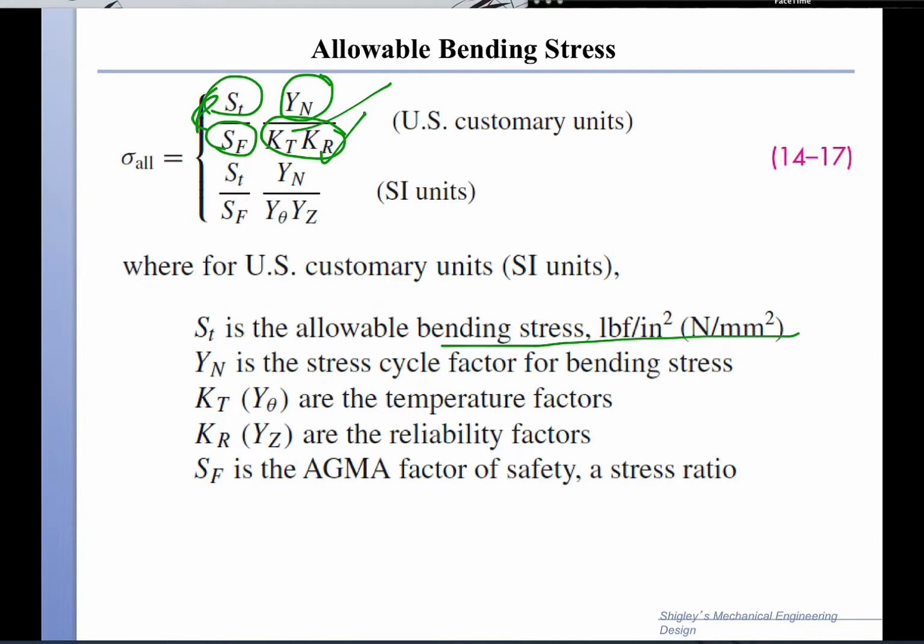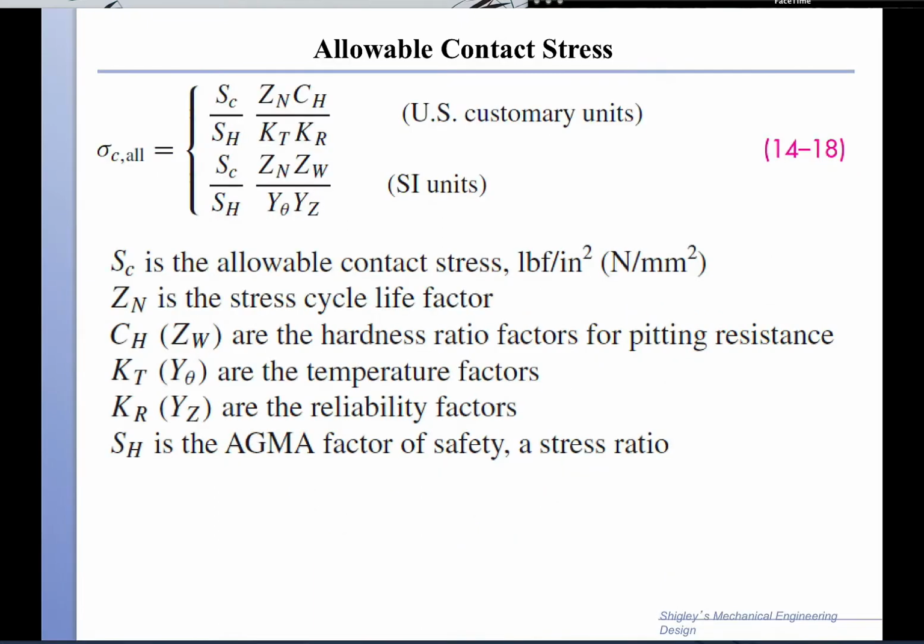So to summarize, from S sub T, the original, we have a safety factor, a fatigue factor, a temperature factor, and a reliability factor. And those are the ones that we use.